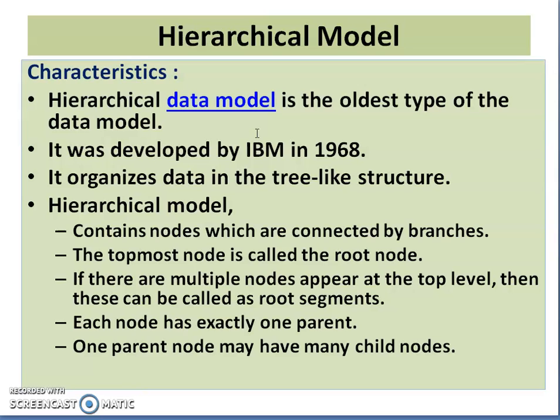The topmost node is called a root node. If multiple nodes appear at the top level, then these can be called root segments. Each node has exactly one parent node. One parent node may have many child nodes.